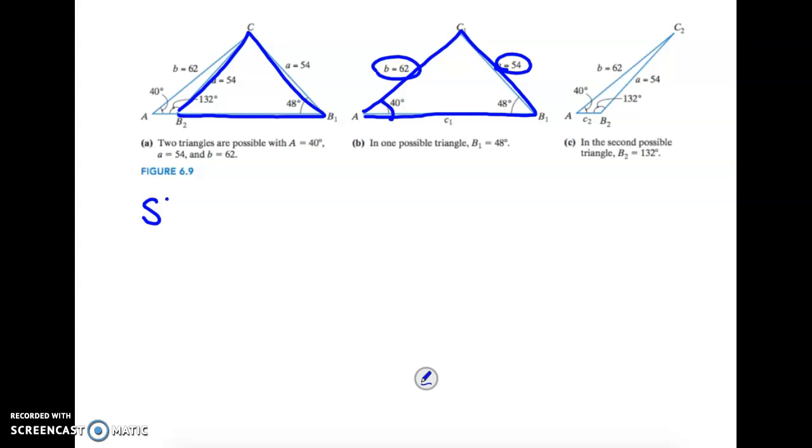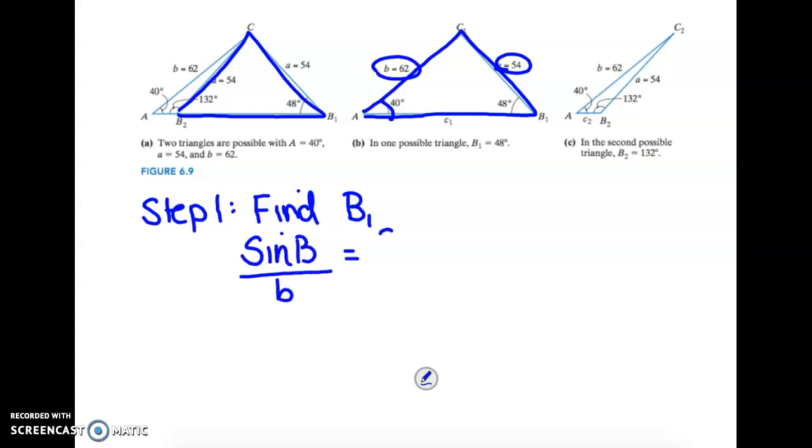Step 1, find the first triangle's angle B1 using the law of sines. We say the sine of B over little b equals the sine of A over little a, just like we've been doing before. We substitute in angle B, which is unknown.